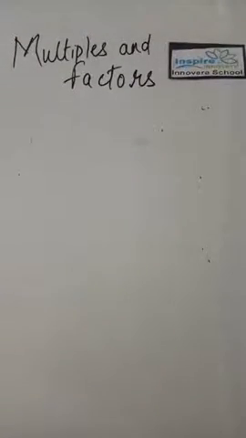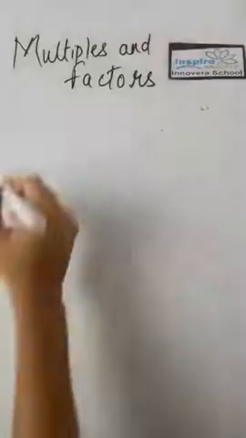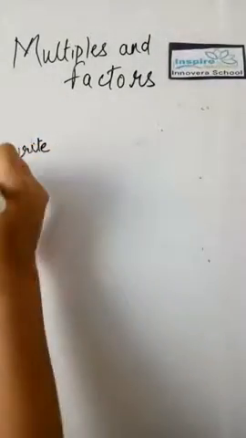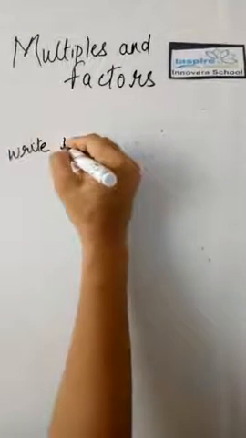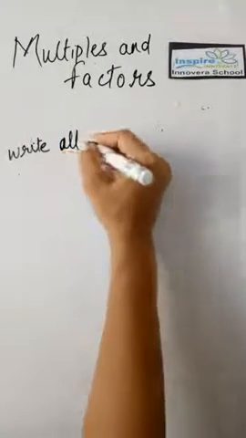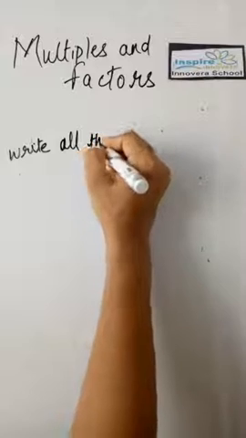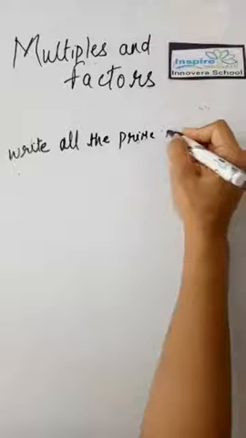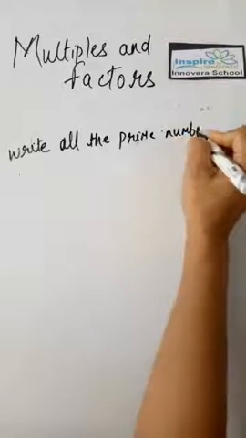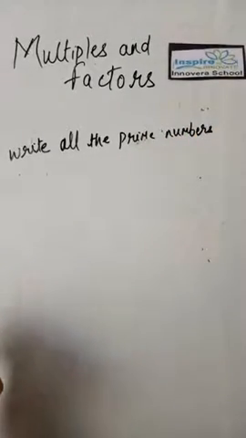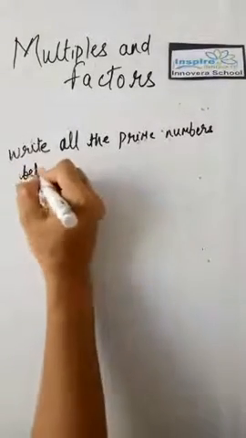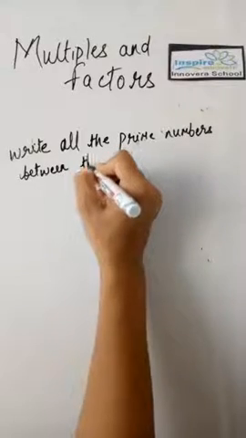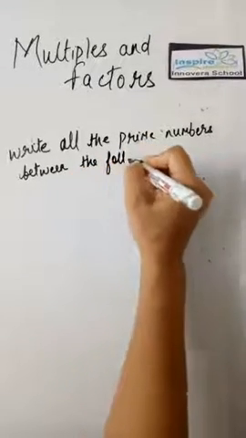Write this in the book: write all the prime numbers between the following.